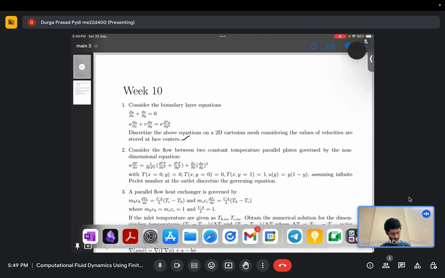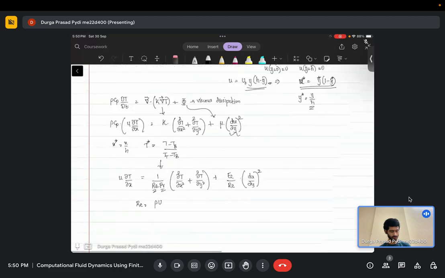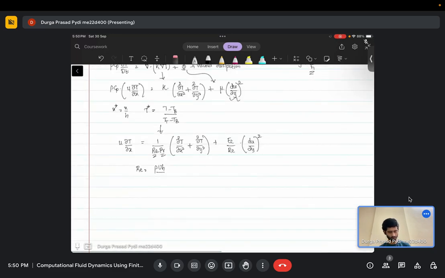So you will have a Peclet number, which is the product of the Reynolds and Prandtl numbers. The Reynolds number is essentially rho times the scaling u you get here, by mu.